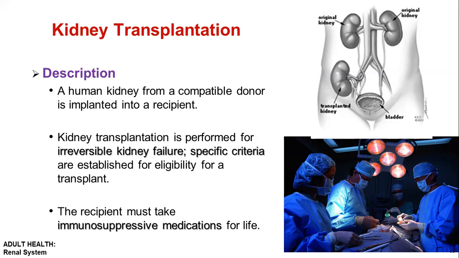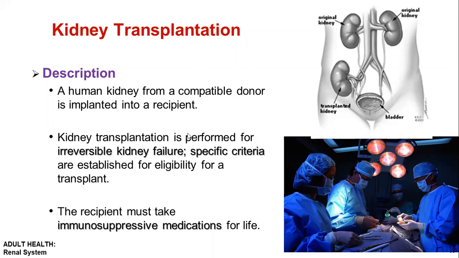After matching the donor and recipient tissue type, blood group, and histocompatibility complex, then we decide to transplant. In this picture, you can see the original kidney, but that does not work at all. If they transplant a kidney, it is implanted inside the body, and the old one is just left there.